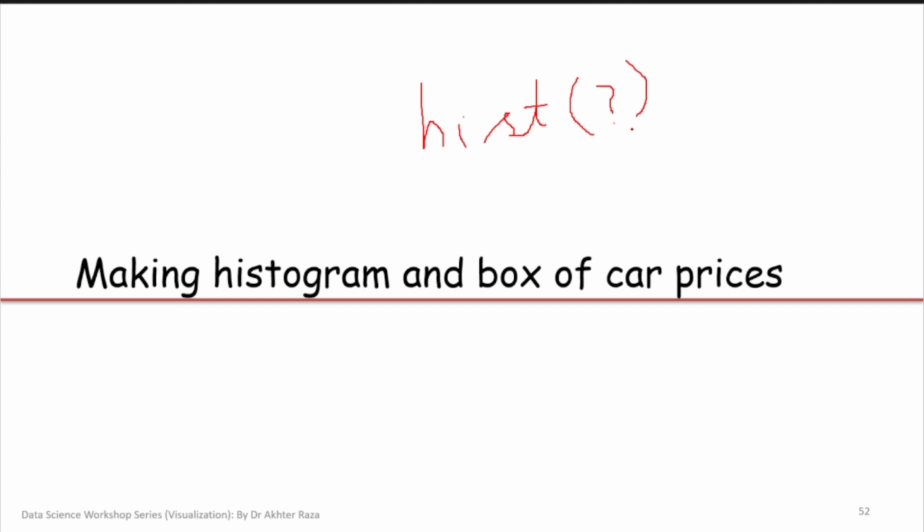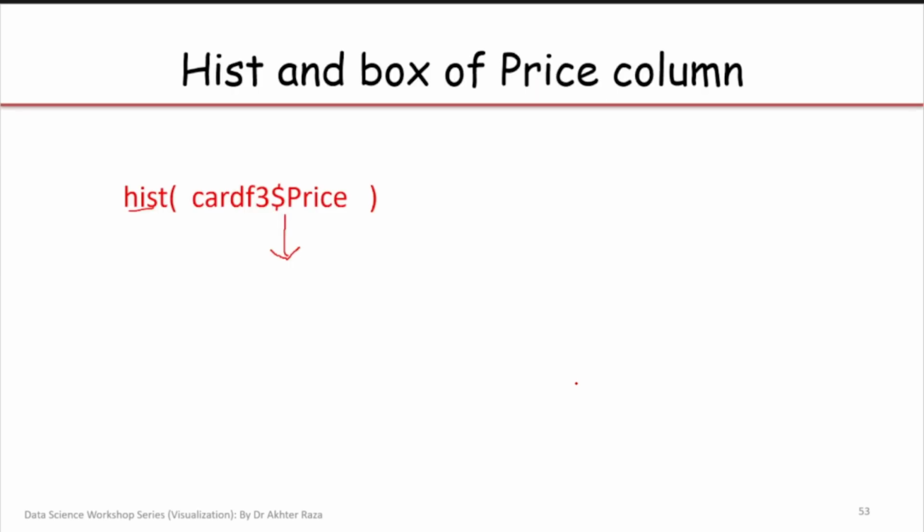And the boxplot command is for creating the box plot. You can see the hist command here, hist of cardf dollar price. Because in R, one column can be represented with the help of the $ sign with the data frame name. The histogram will be generated by this command.